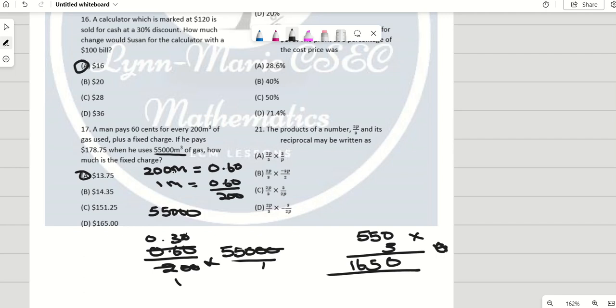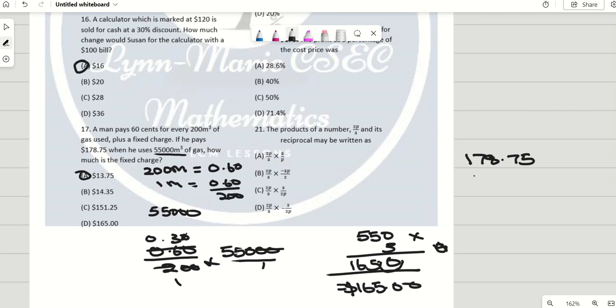Don't count the 0, we have to shift it one place. So this is $165. This is how much he would have to pay if it didn't have a fixed charge. Now the difference between 178 and 165, let me check and make sure I did that correct.